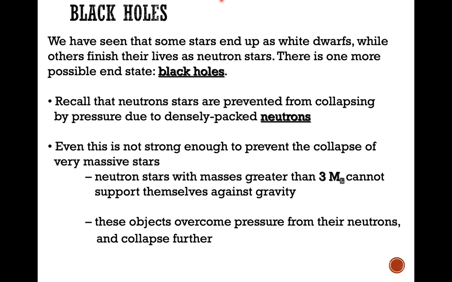If the neutron star mass is greater than 3 solar masses, then gravity overcomes the neutron degeneracy pressure, and there is nothing to stop it. Because of that, all the mass will be squeezed into a very tiny volume, and as a result even light cannot escape from it. This is why we have the name black hole.